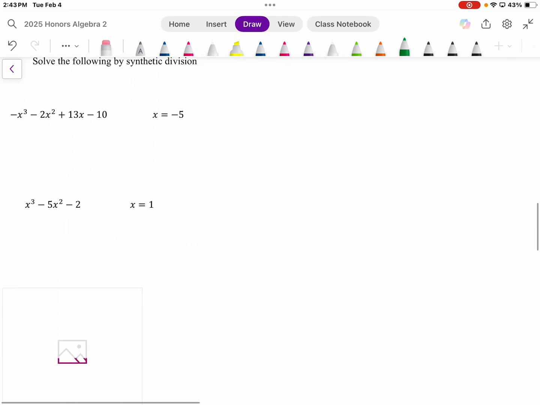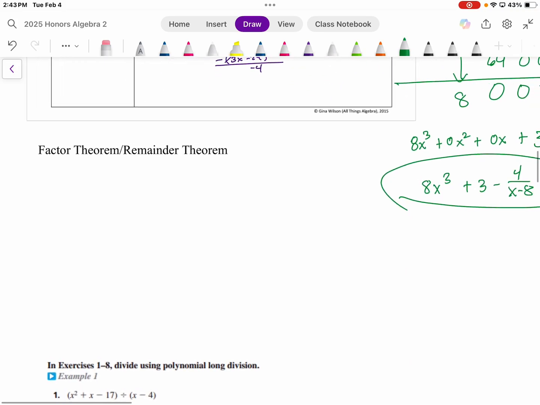I have some extra problems down here for us to practice, but I want to talk about this factor theorem, or remainder theorem. So what is the factor remainder theorem?